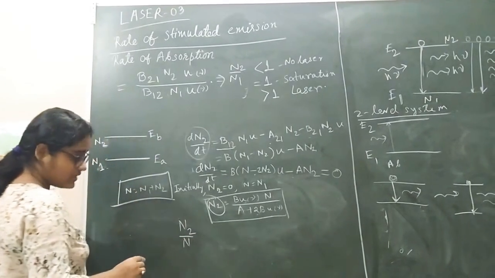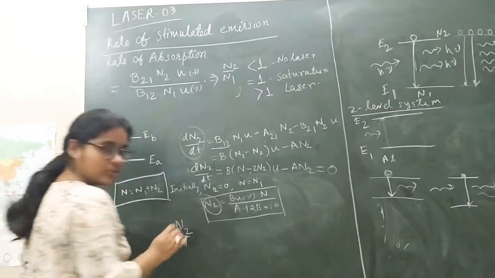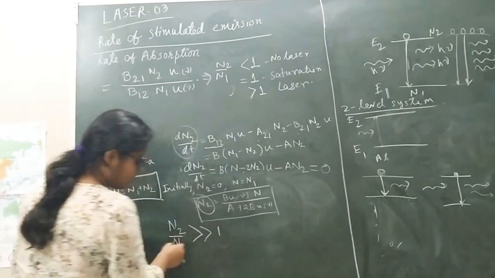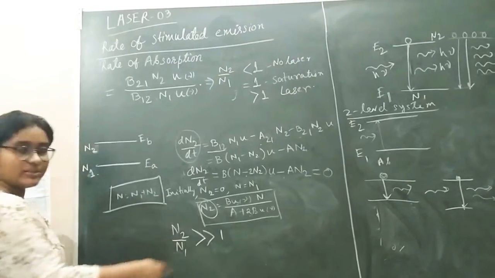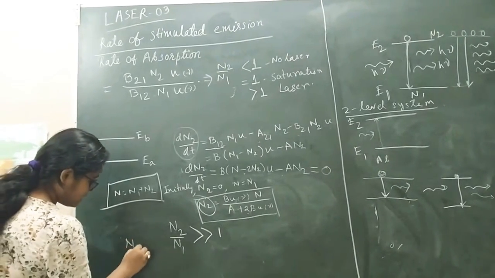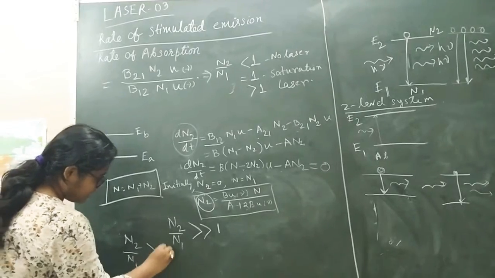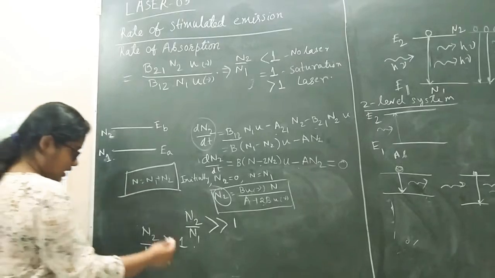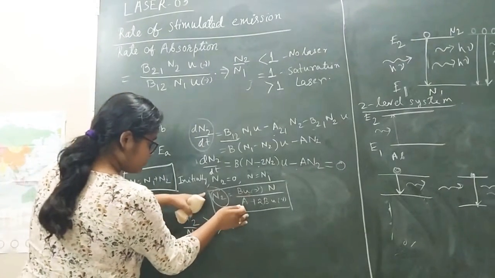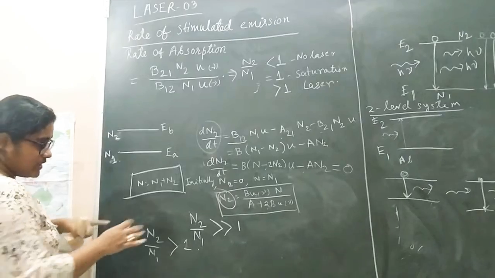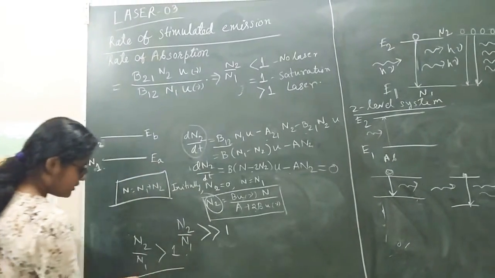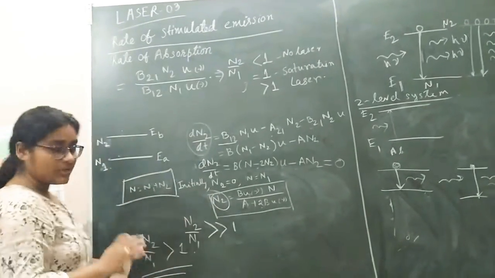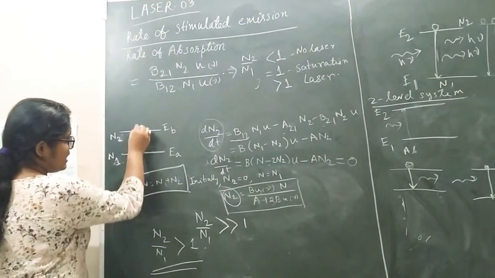For population inversion, the minimum criterion is that the ratio N2 by N1 should be greater than 1, that is N2 is greater than N1. Now in a two-level system, you can never achieve this condition, because the maximum condition achieved is that N1 is exactly equal to N2.